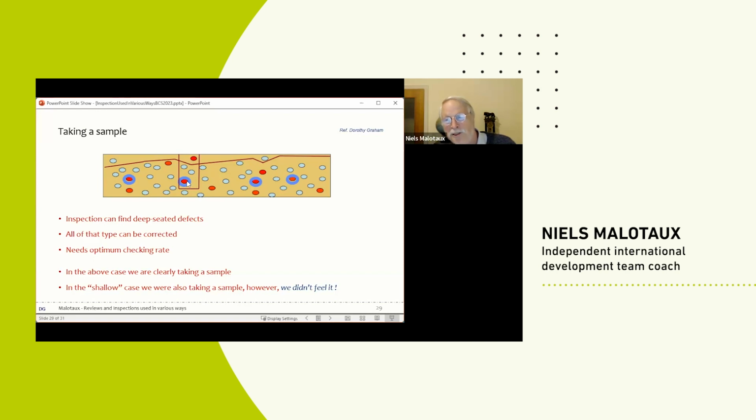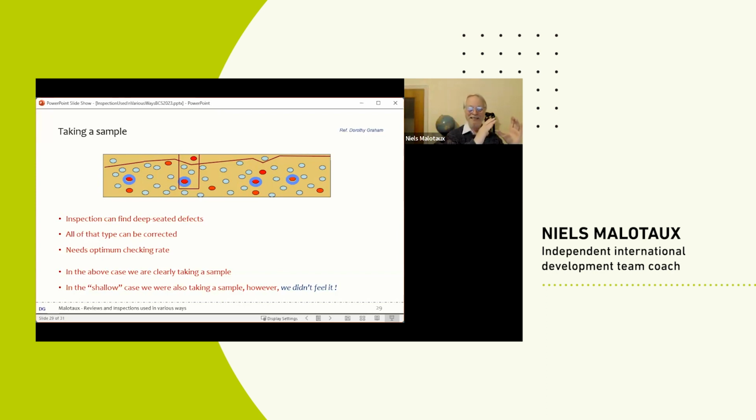And then, because people have a tendency of injecting similar types of defects, once we have these found, people can find similar ones in their own document because they know their document very well. So this needs the optimum checking rate to get to the depth to find these issues.